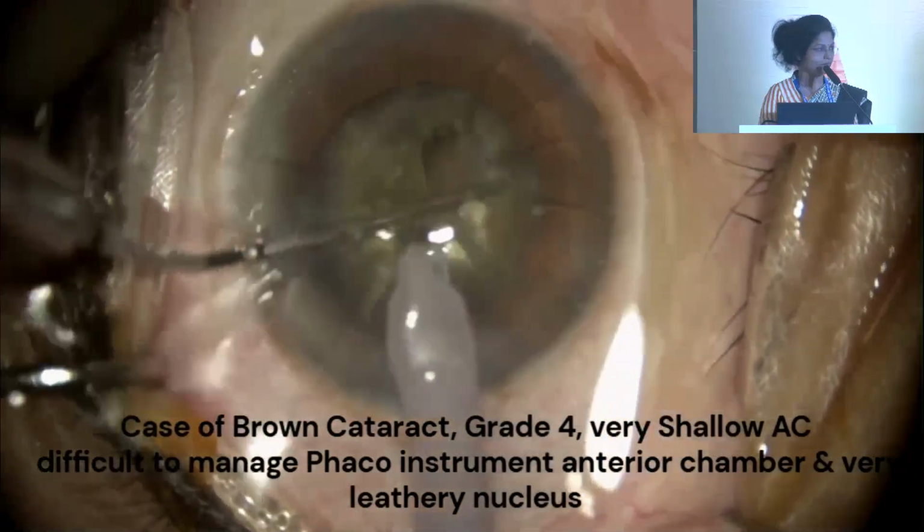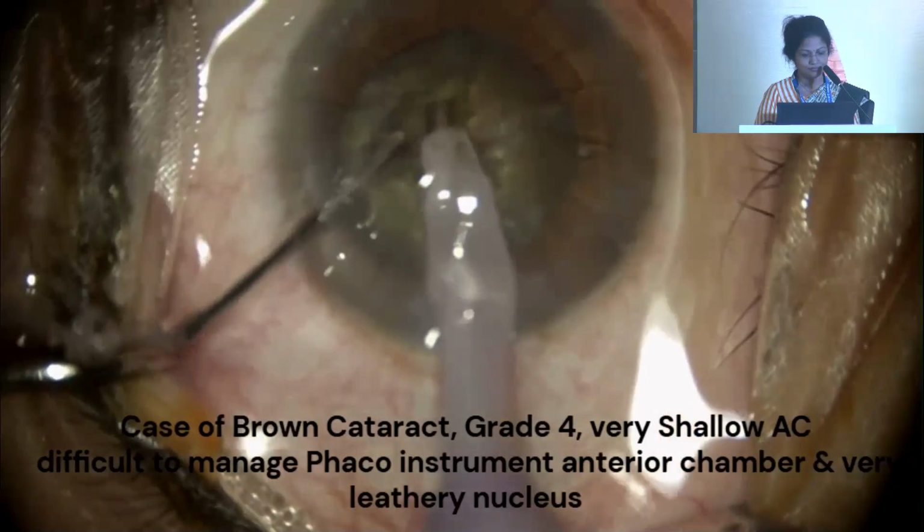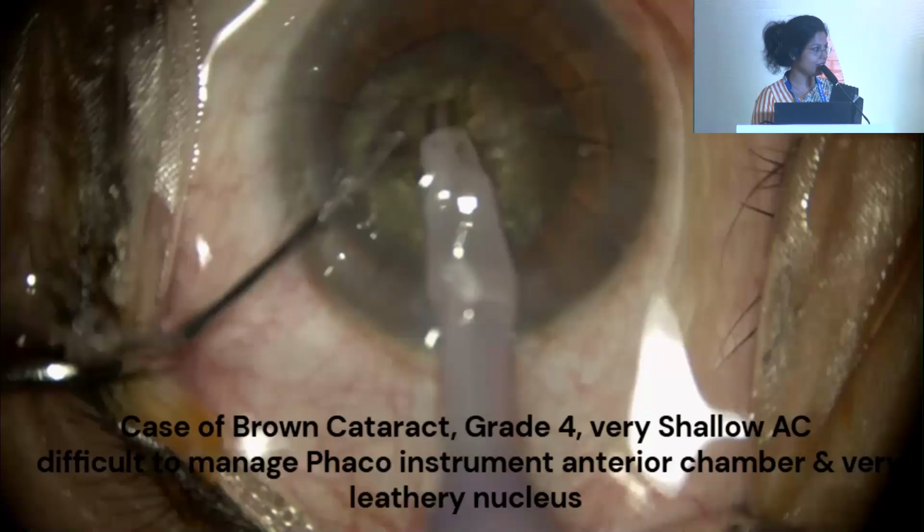In post RK eyes, we all know the incisions tend to gape. So you always tend to make a corneal incision? No, a scleral incision is preferred, but because the anterior chamber was so shallow, which I had already checked pre-operatively, if I go for the scleral tunnel wound, then crossing the curvature and holding it for a direct chop will be difficult.